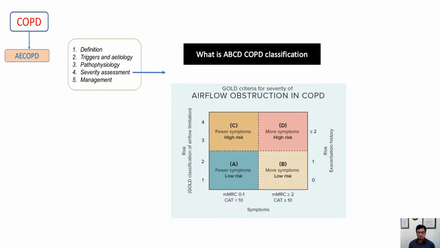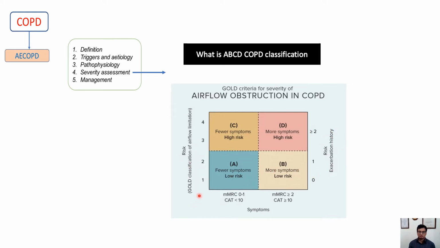How will you classify a COPD? The latest is the ABCD COPD classification, which combines the data from the severity, that is on the left side, the y-axis of this square graph, and then data from the modified British Medical Research Council questionnaire, mMRC, or CAT, that is the COPD assessment test, and that is on the x-axis, and again on the y-axis on the right side there is a history of patient exacerbations, to classify patients into now 4 groups.